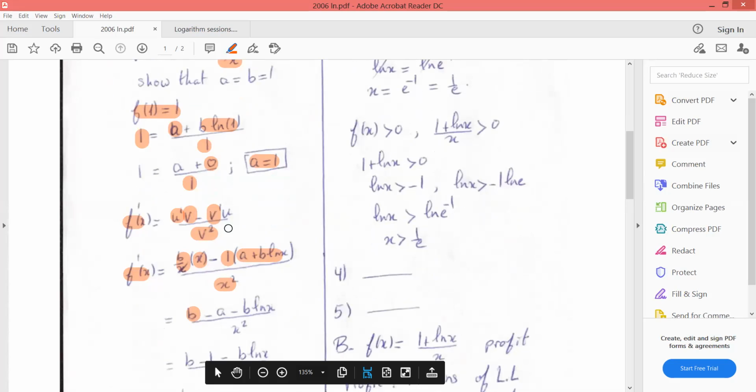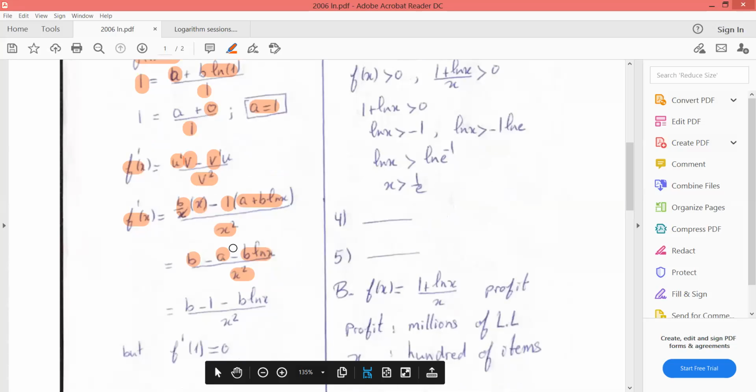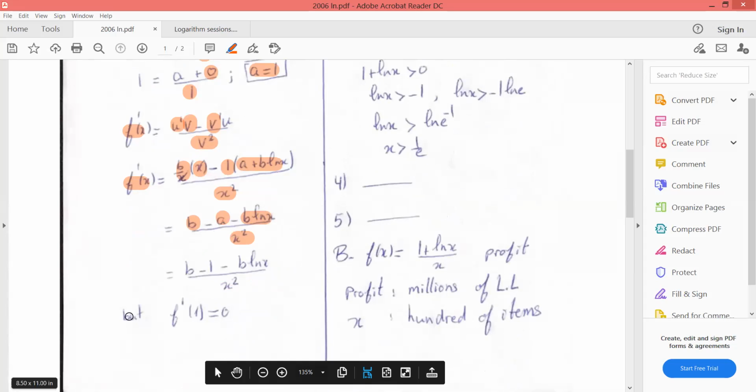Minus 1 times a is minus a. Minus 1 times b ln x is minus b ln x over x squared. We replace a by 1. We get b minus 1 minus b ln x over x squared. But f prime of 1 equals 0.